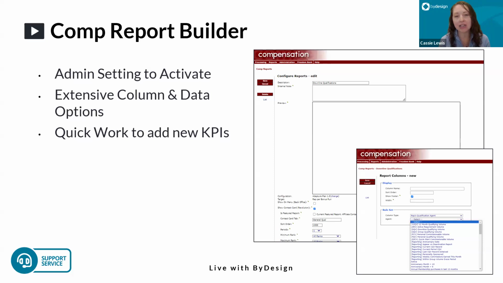We can typically add new KPIs with 1 to 2 hours of development, versus if you ask us to build out a whole custom report, you're typically looking at more like 10 to 20 hours. So we're saving you time, saving you money by empowering you to build these yourselves. And if you ever want to report on something that's not there by default, all you need to do is request it and we can get it added for you.